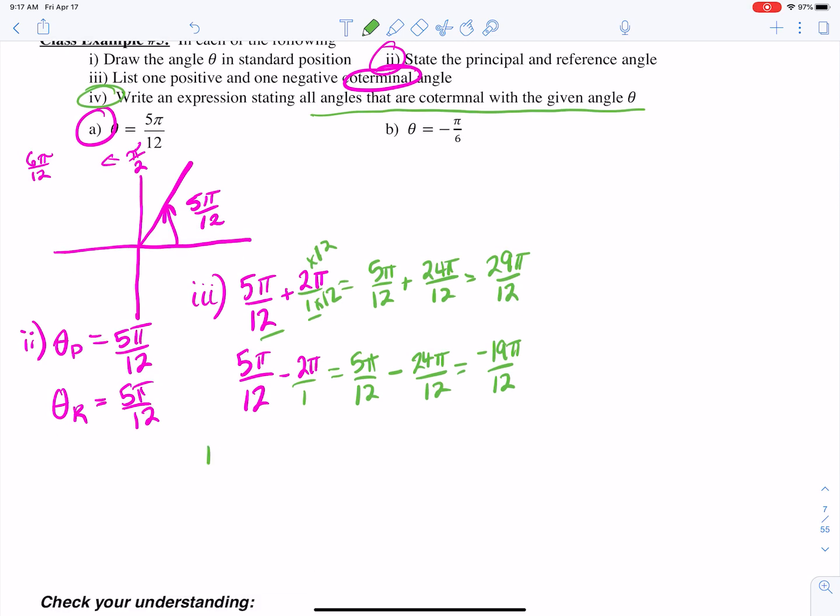So let's go ahead and do that. That would be taking the principal angle, adding 2 pi n. So that is multiple rotations because we're multiplying by n, and we just have to say n is an integer, so we get full rotations. I'm going to let you try part B, and you can check your answers. I'll be back.